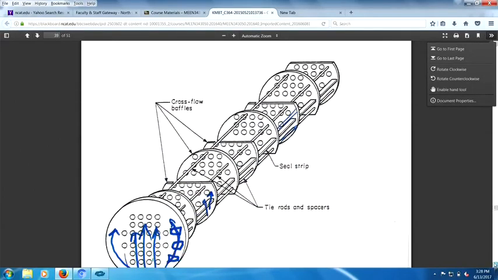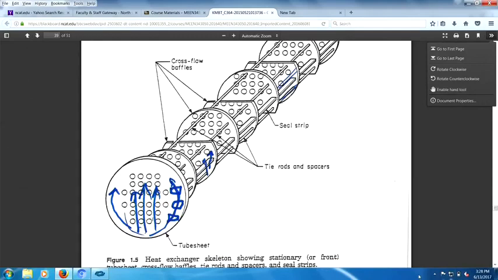And then we have this thing right here. Quickly, you see the outer tube limit, OTL. And you have the different baffles in here, and you have sealing strips. What the sealing strips do is force the flow across the tubes, not around the tubes.